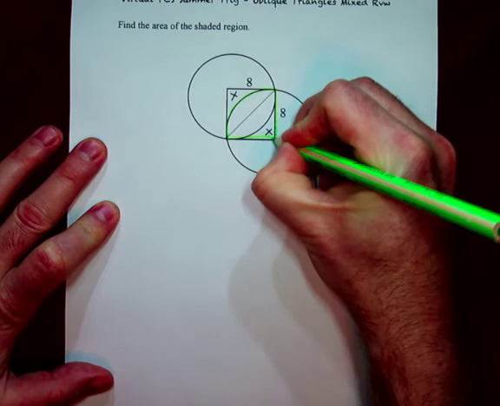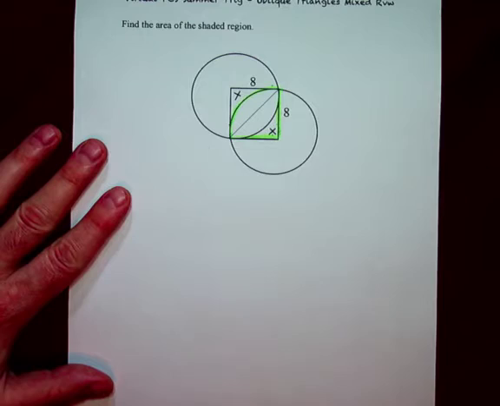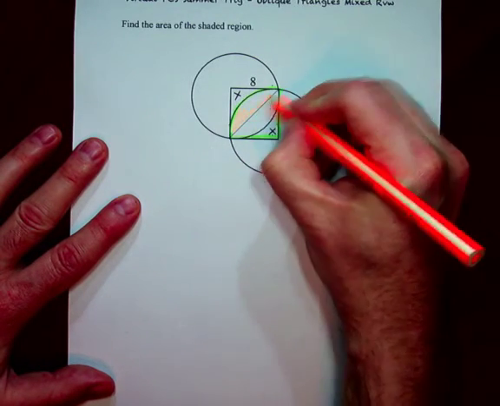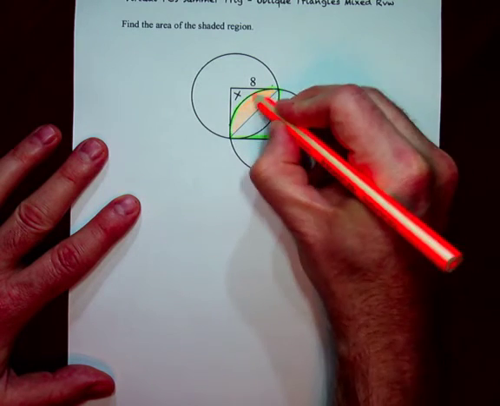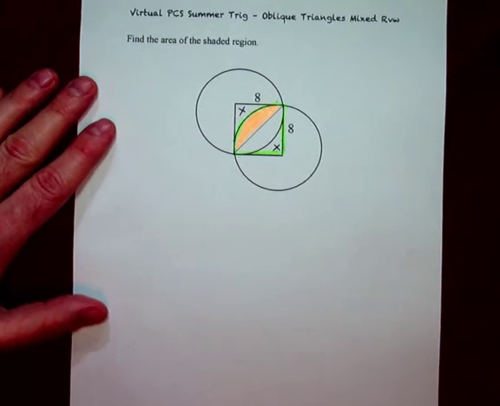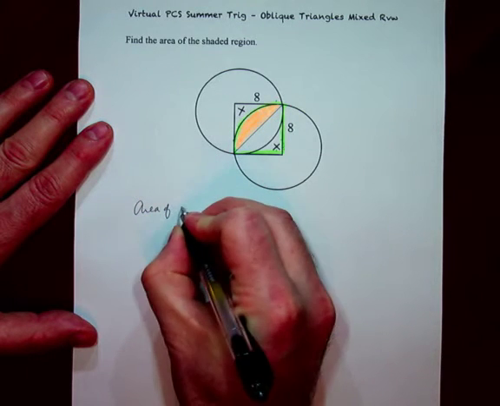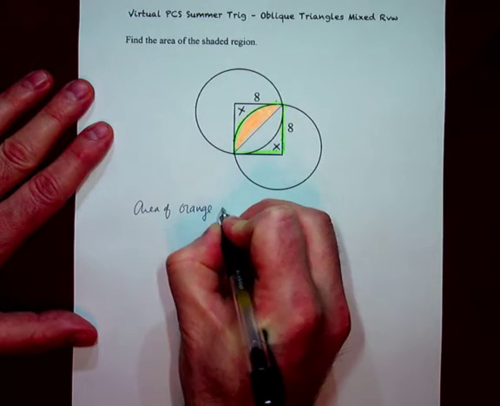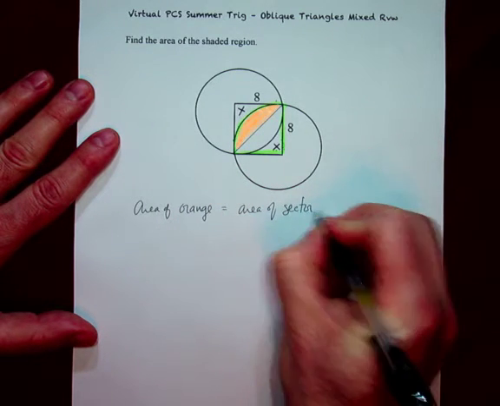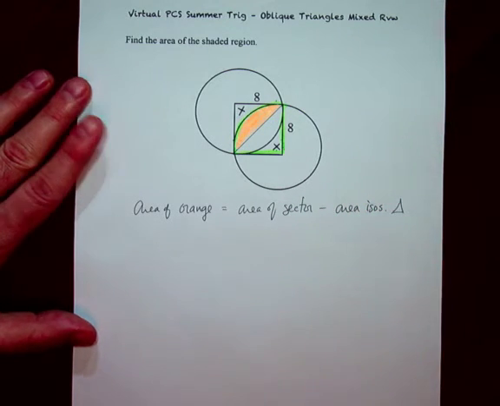I still have a sector of a circle right here, but I also have a triangle, and that triangle will leave out that piece. Okay, so if I want the area of the orange, the area of the orange is equal to the area of the sector minus the area of the isosceles triangle.